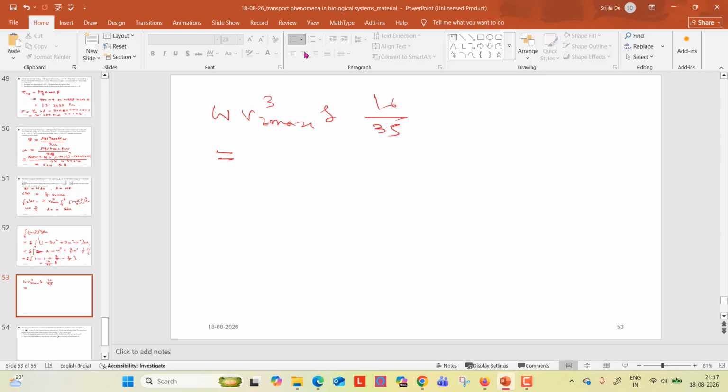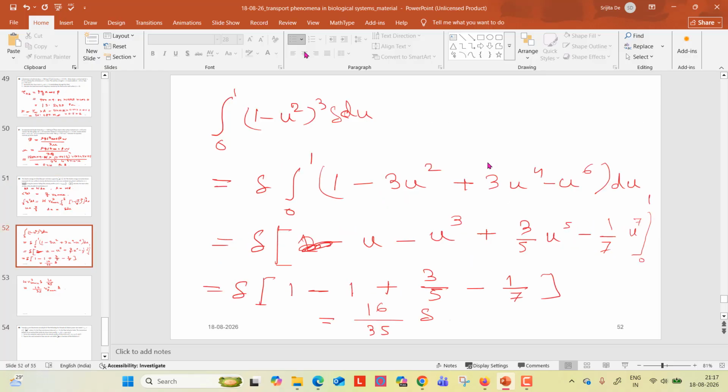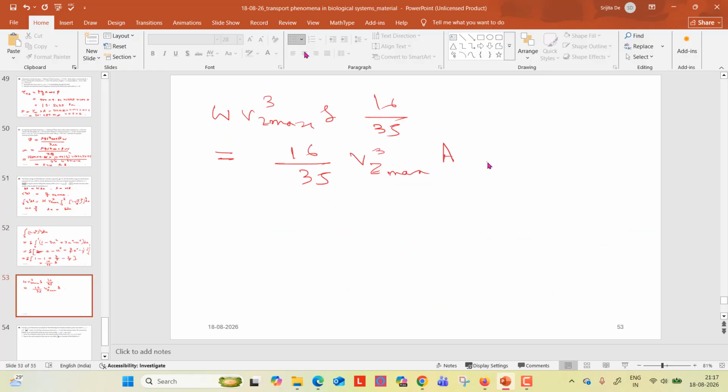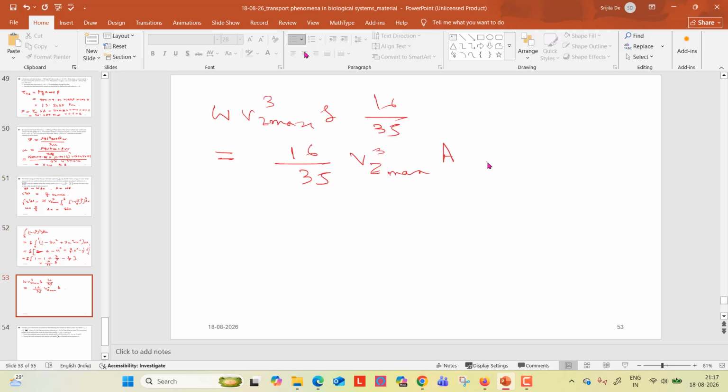So it will be 16 by 35 Vz max cube into A, right? And what was the numerator asked? It is the A Vz cube. So the denominator was A, the average of Vz cube.